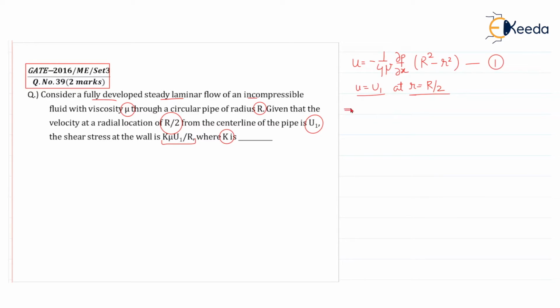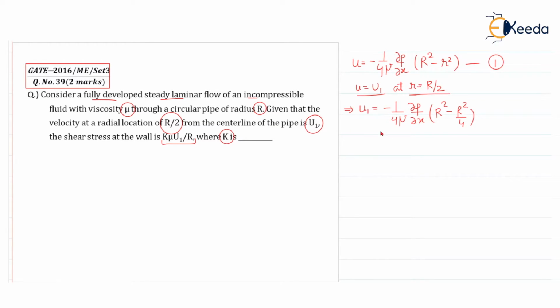So u will be replaced with u1. u1 is equal to minus 1 by 4 mu dp by dx into capital R square minus small r square. Small r is capital R by 2, so I can write here R square by 4.